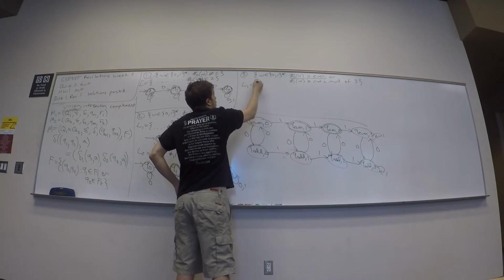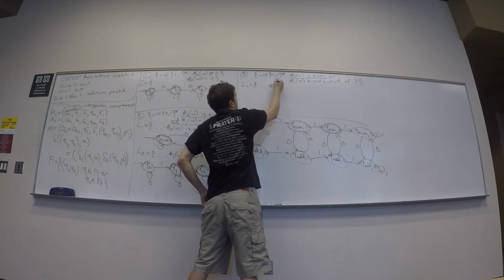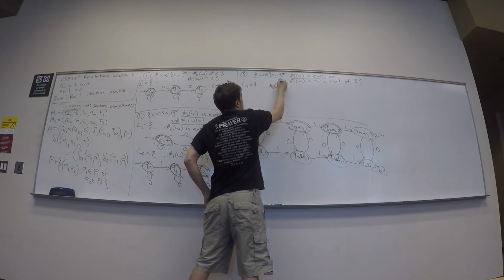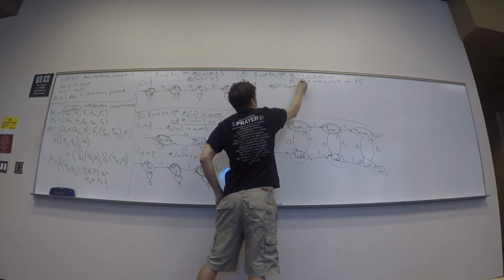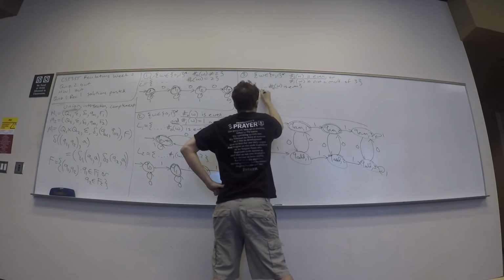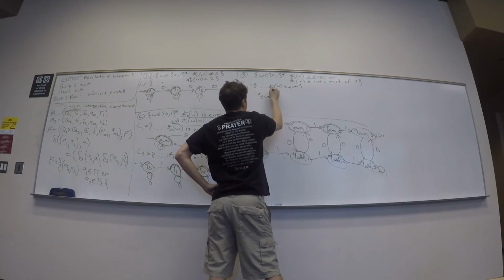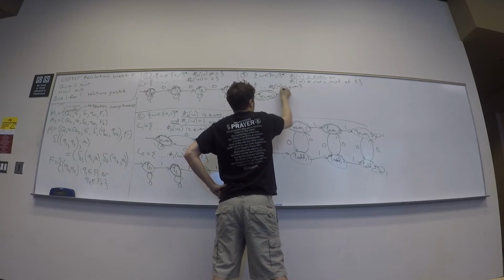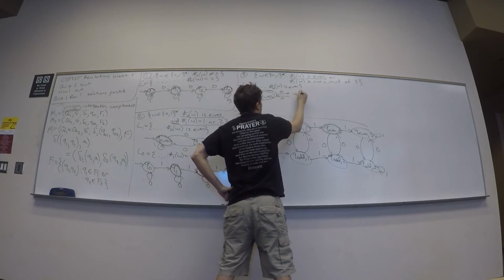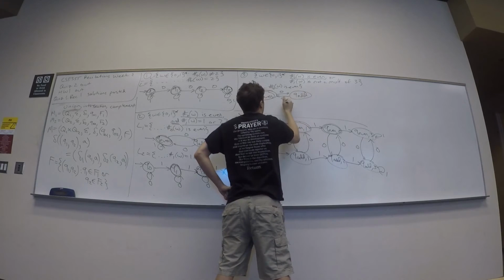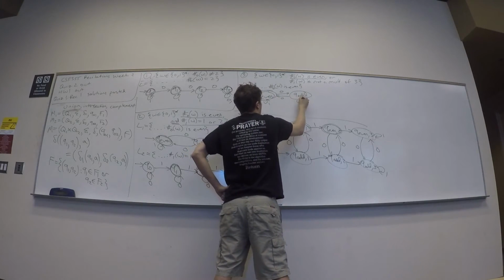So this one is the number of zeros is even, and then I'm just going to copy it over. Start state 0, 0, 1, 1.